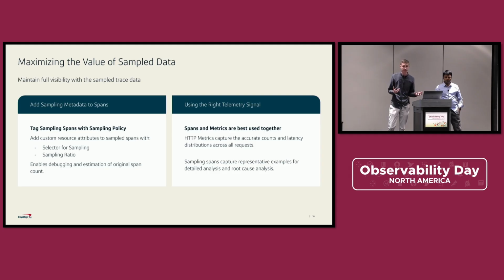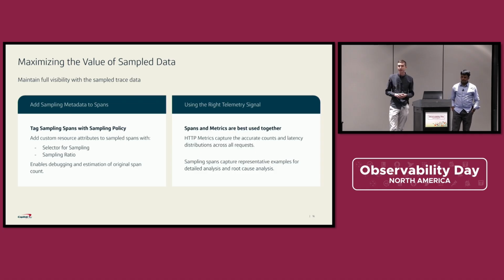In the same line, if you can teach teams, like SRE teams, to use metrics along with spans, they're going to have a much more accurate picture of how their system is behaving. Like Sateesh was saying, we export semantic convention metrics, histograms, for every single span that we generate, both on the server and the client side.